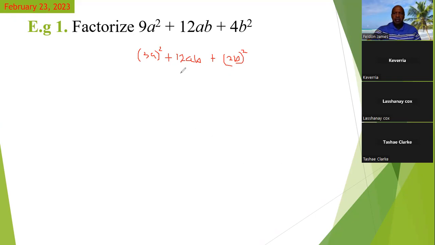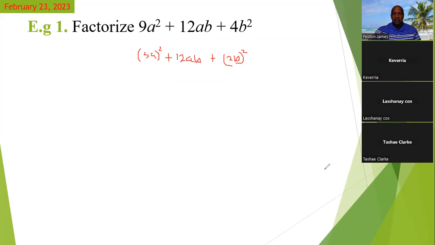All right, so we say that the property for the perfect square is that the middle term has to be 2 times the base of the first times the base of the last.